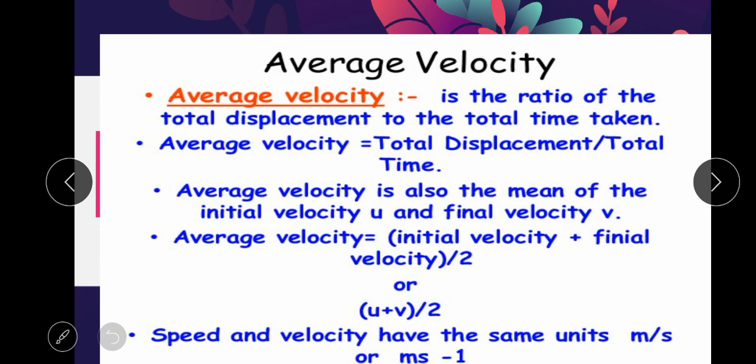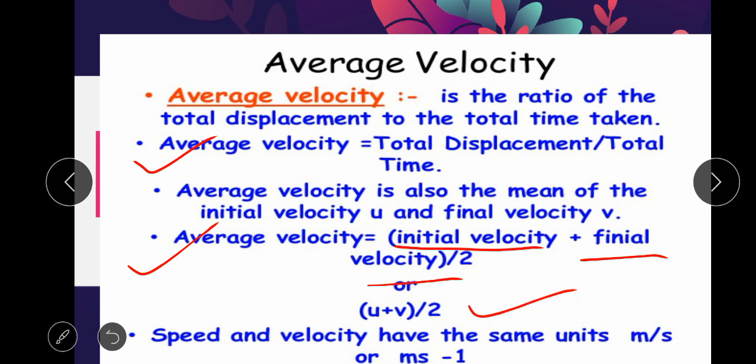Now average velocity. Average velocity is the ratio of total displacement to the total time taken. Here is given the formula of average velocity: total displacement upon total time taken. The next formula can be given as initial velocity plus final velocity by 2, where u is initial velocity and v is final velocity.